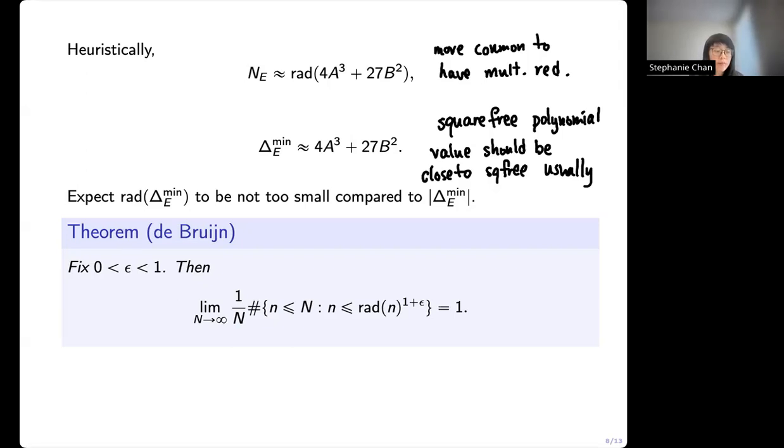From his work, we can deduce that the proportion of integers with a very small radical is small, so almost all integers have a radical very close to the value itself.